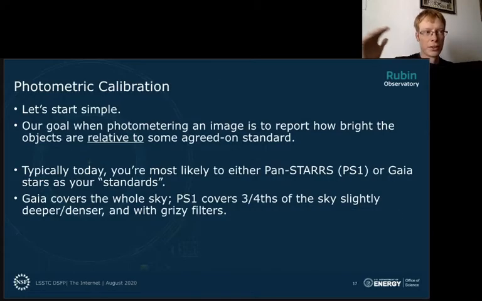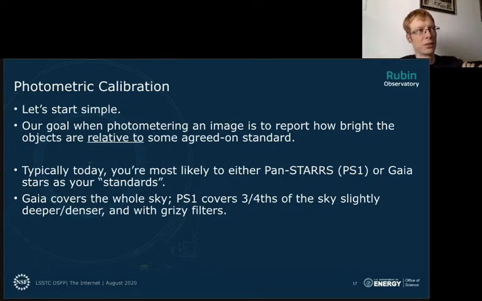So we're going to start at the very basic level of what it means to do calibration on these images. The simplest way to think about it is that we want to report how bright the objects that we observed are relative to some agreed-on standard, something that other people can compare to.